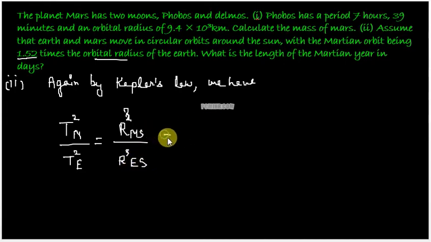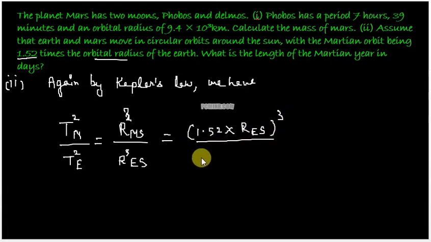Since the Martian orbit is 1.52 times R_ES, I'll substitute it as 1.52 times R_ES whole cube, upon R_ES whole cube. Because we substitute the Martian orbit radius around the Sun as 1.52 times the radius of the Earth's orbit, this is the same variable and it cancels out.